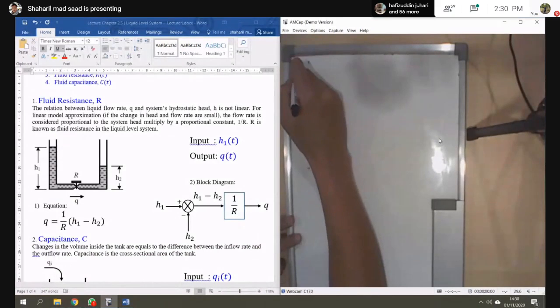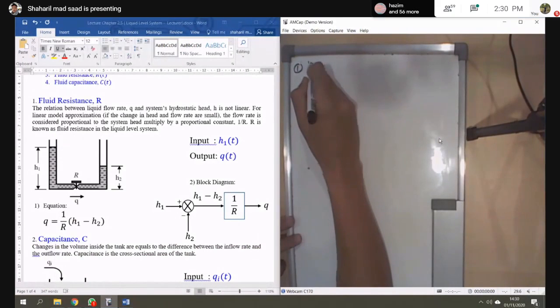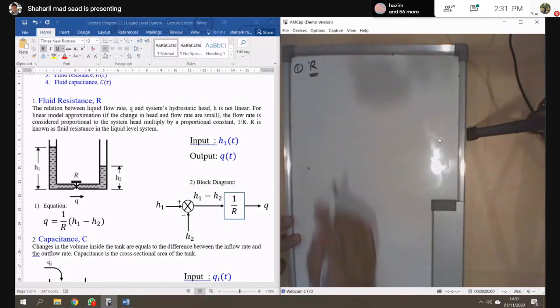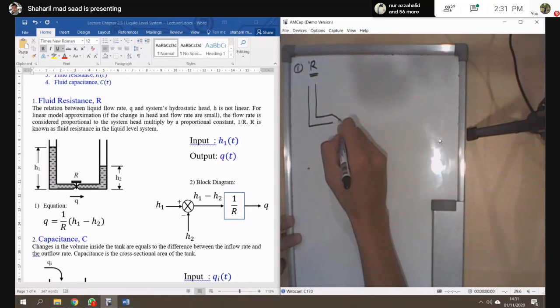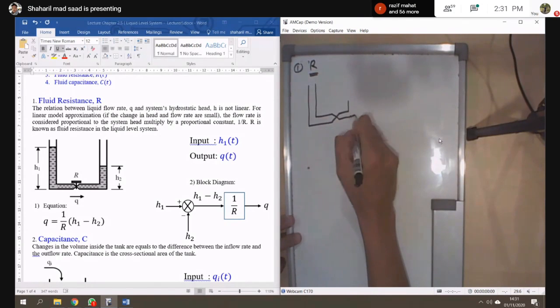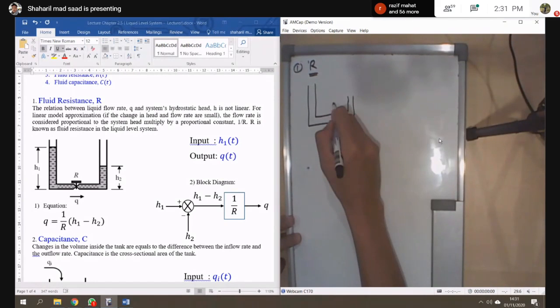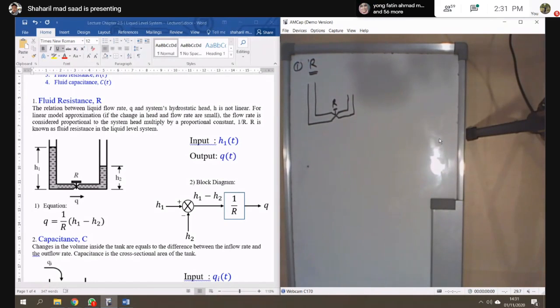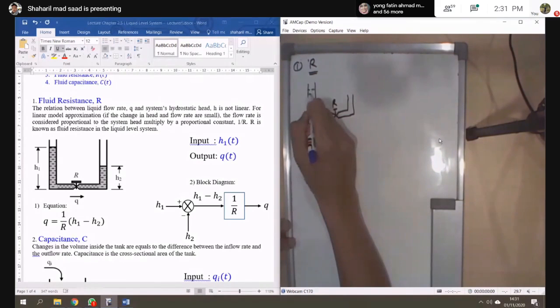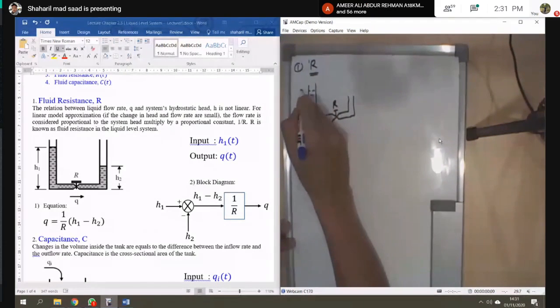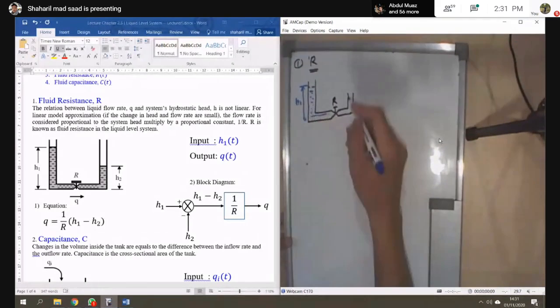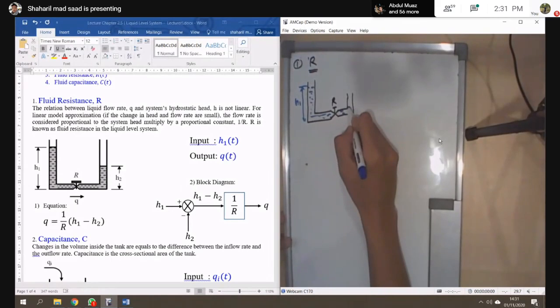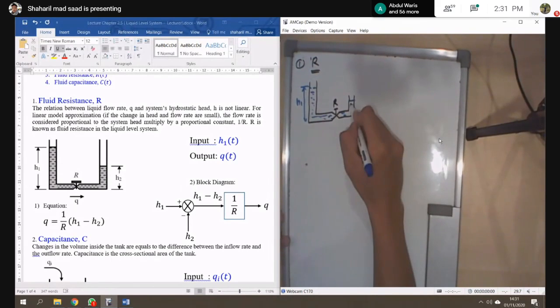So for this question, what you need to remember is the fluid resistance. I call it R. The height for this one is H1, and then when you open your valve, you will have this one, the H2.